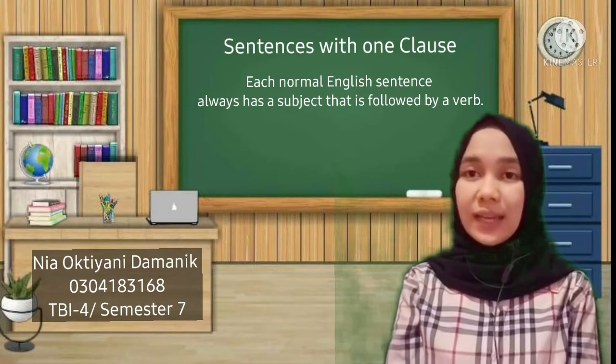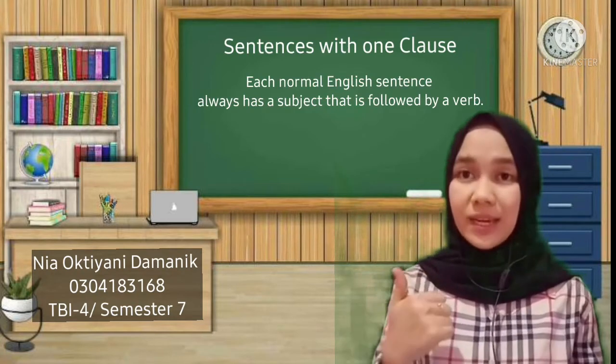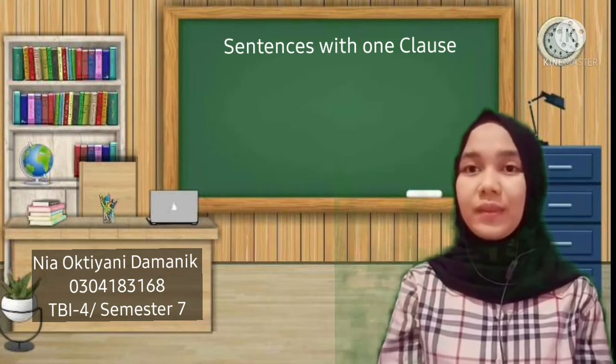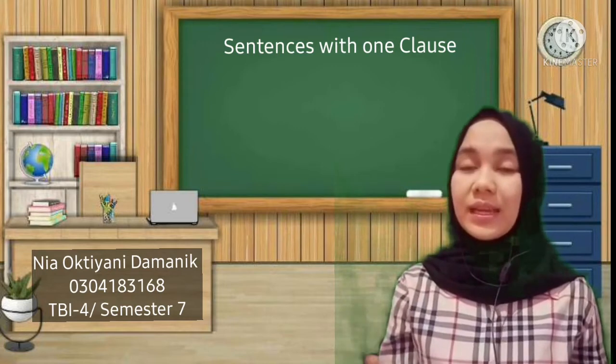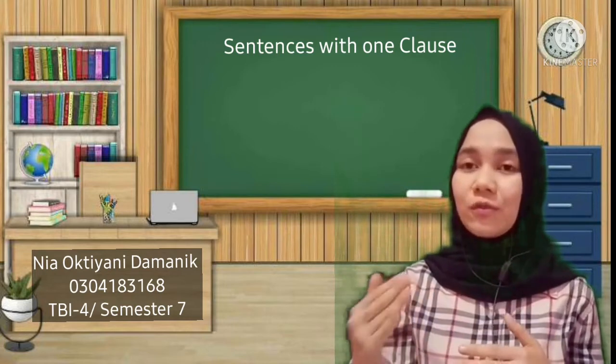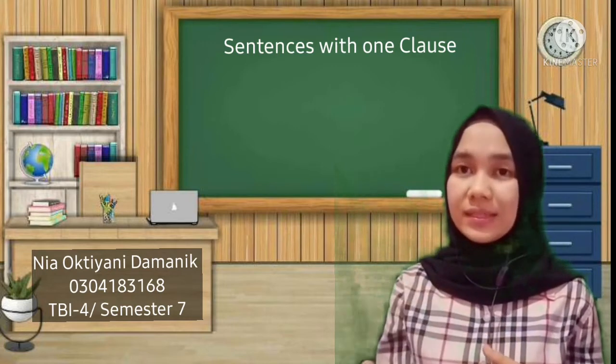A normal English sentence always has a subject and verb. It is important for us to find the subject and verb. Sometimes, it is easy to find the subject and verb in a sentence.